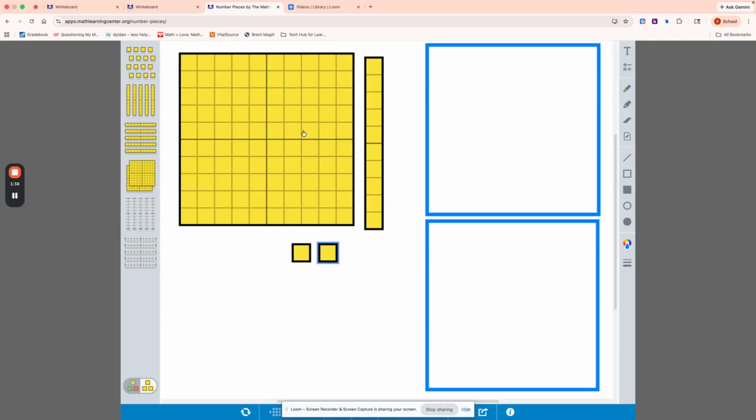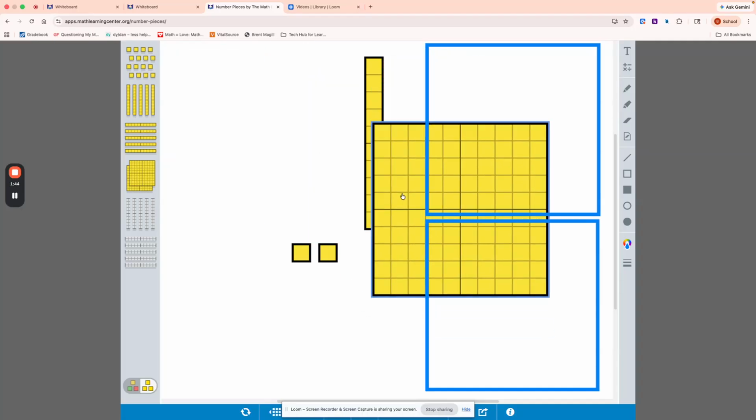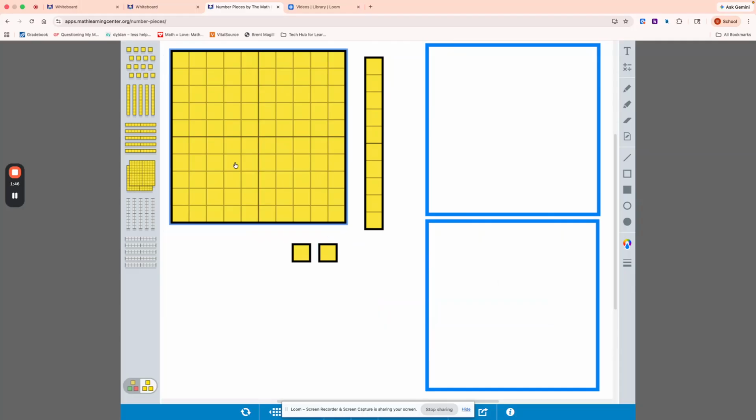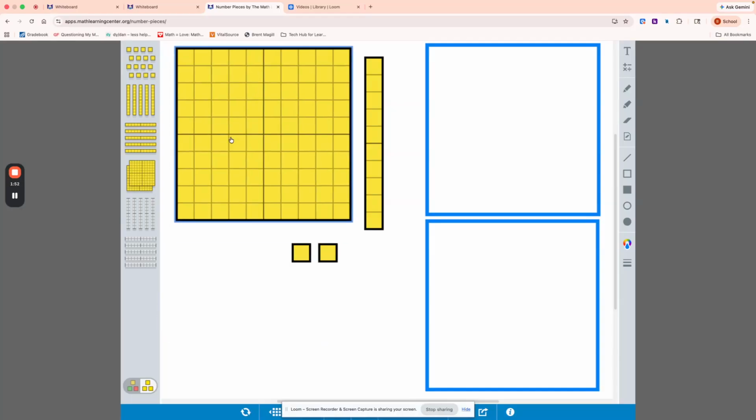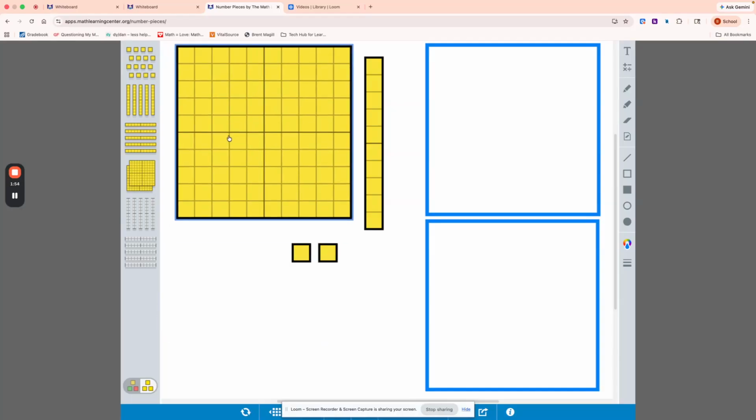All right, so we have 100 piece here. The 100 piece, can we put one of these in two groups? No, we can't. So we're going to have to break it into 10 equal pieces.